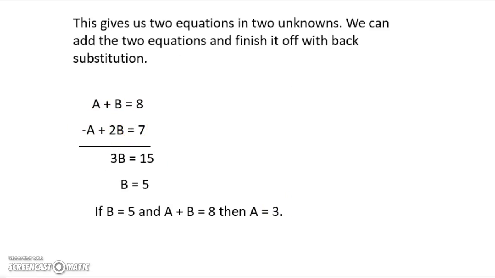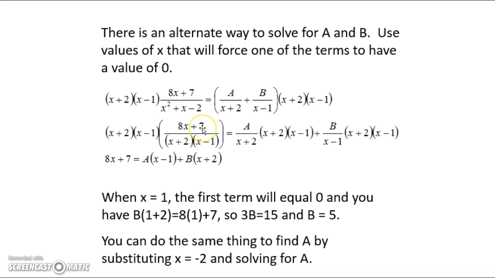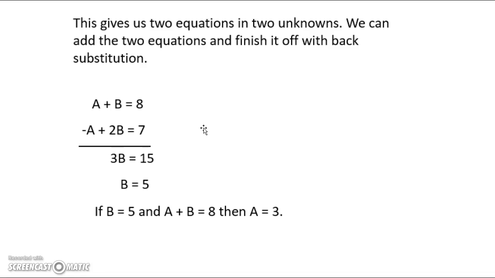We can use substitution or elimination. Here we're just going to use elimination. So A minus A is 0, B plus 2B is 3B, 8 plus 7 is 15, and so B has to equal 5. And then we can substitute back into either one of these equations the value of B, and we can solve for A. So we see that we do have the original.